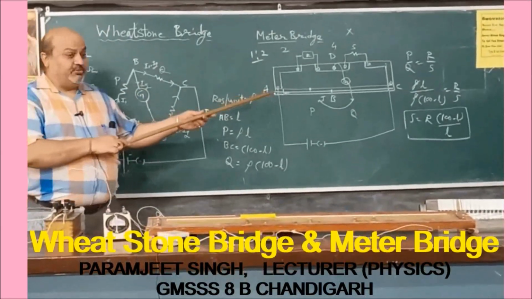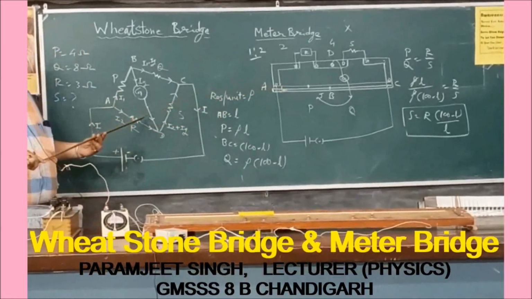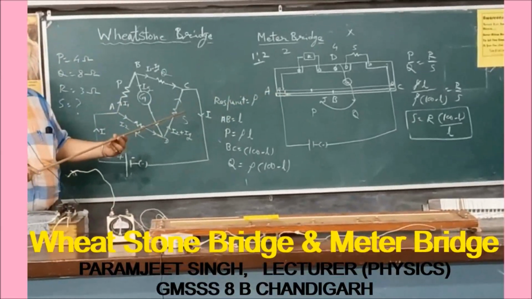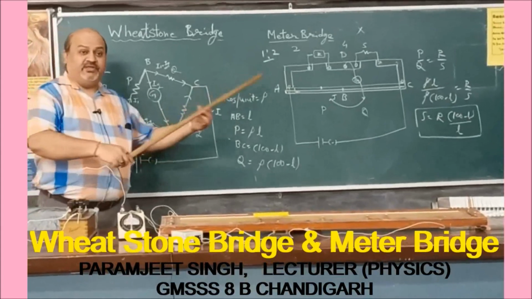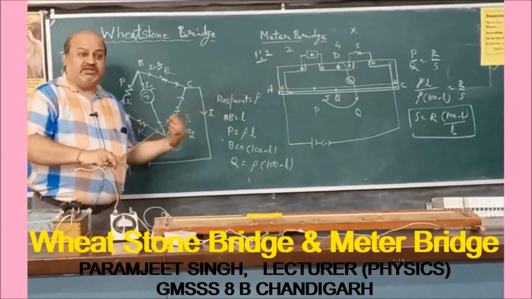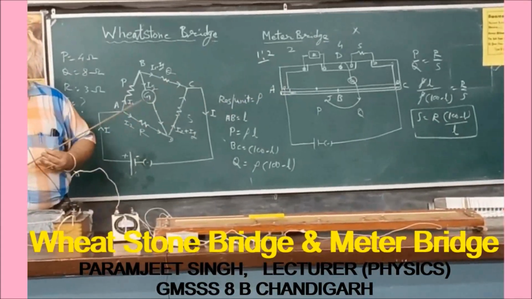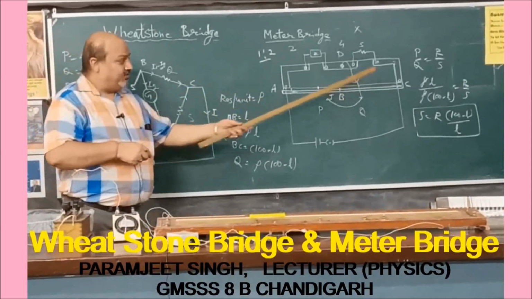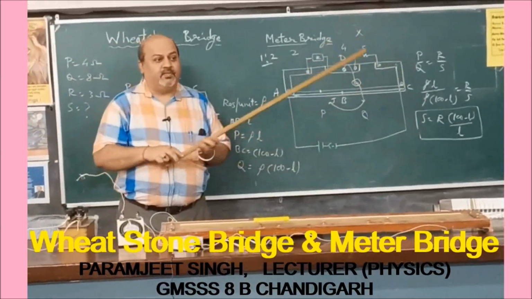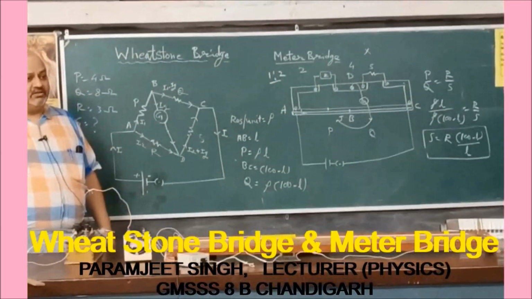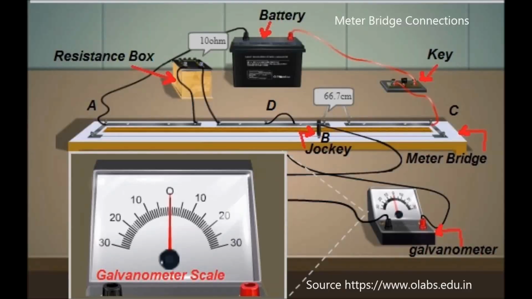Different parts of the meter bridge, how they are connected with the Wheatstone bridge. There is an analogy between the meter bridge and the Wheatstone bridge. We have derived the formula for calculating unknown resistance.